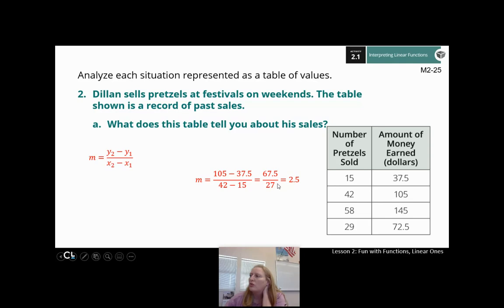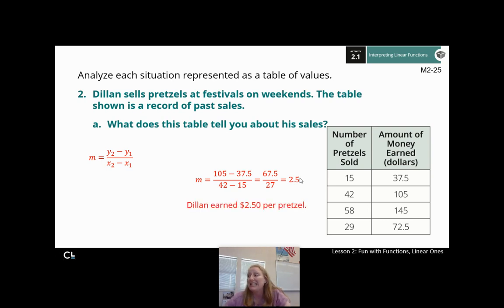So for 27 pretzels, he made $67.50. When I divided that, I realized my average rate of change here was 2.5.